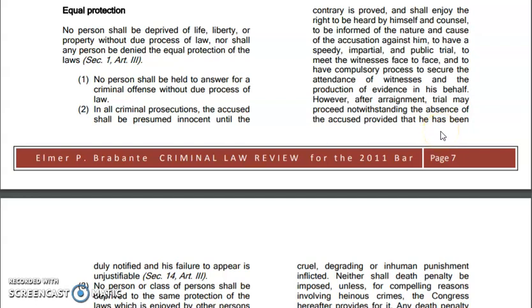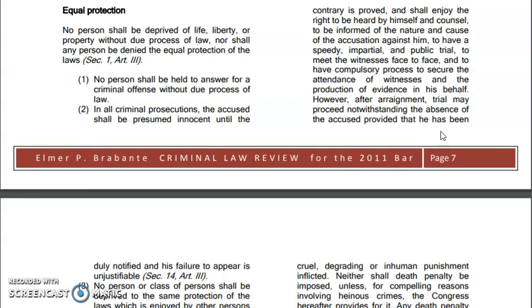It is stated in Section 1 of Article 3 of the Philippine Constitution that no person shall be deprived of life, liberty, or property without due process of law, nor shall any person be denied the equal protection of the laws. So that's one limitation of enacting a penal law.